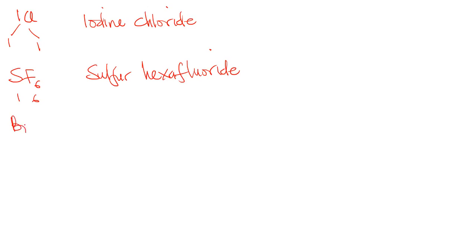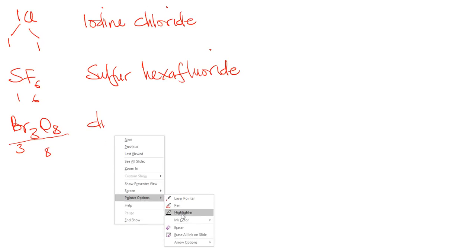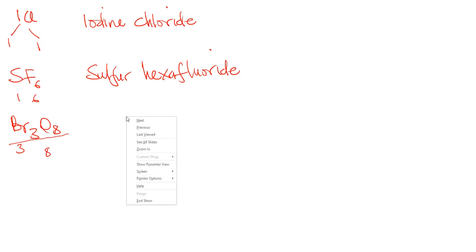Now also let's look at Br3O8. So we have 3 bromine and 8 oxygens. So this will be tribromine.